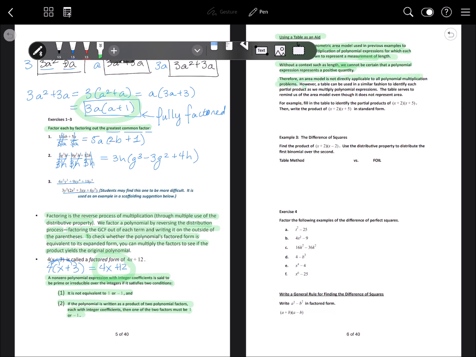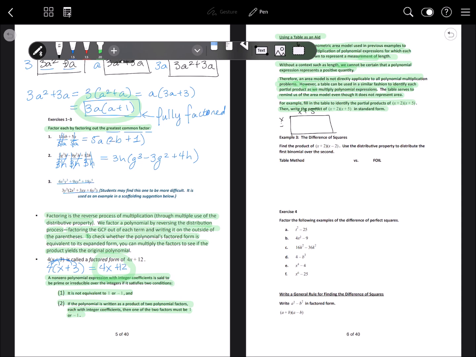Therefore, an area model isn't really exactly applicable to all polynomial multiplication. But a table can be used in a similar fashion to see the different parts of the product as we multiply them. The table serves to remind us of the area model even though it doesn't represent area itself.